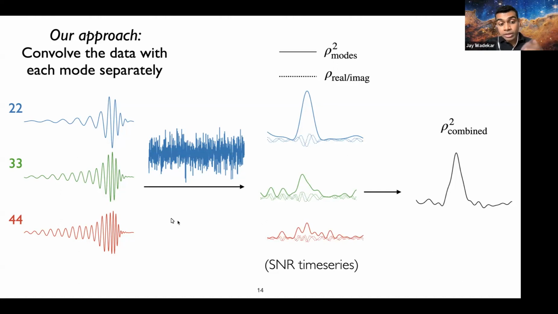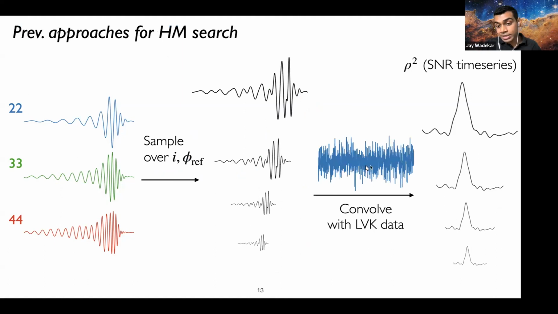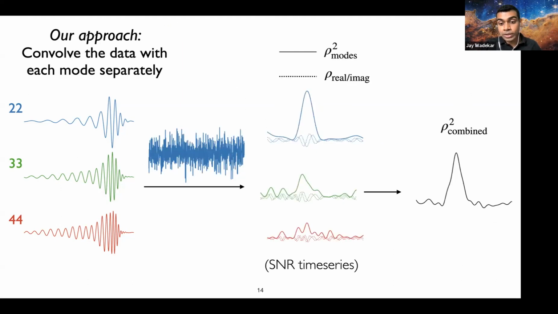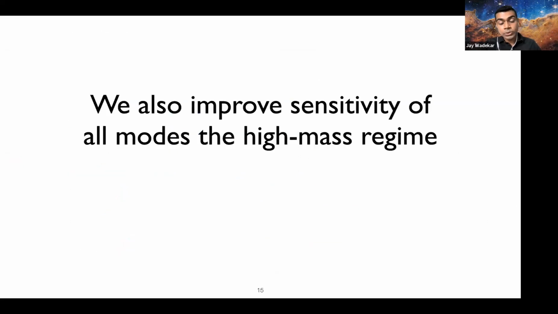The computationally expensive step is when you match filter these templates with the data. That step is now only about 3 times more expensive than using the 2-2 mode. But in these previous searches, this step was about 100x more expensive. So now the cost of these higher mode searches is just 3 times. So this is the approach that we use for the higher modes.